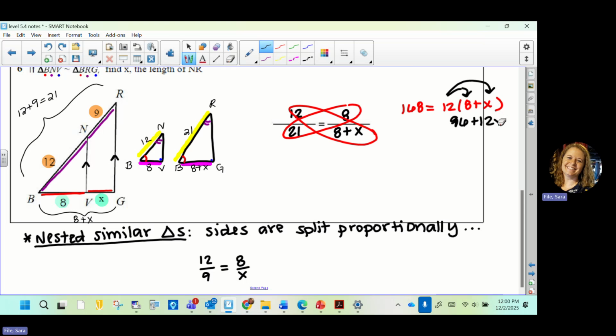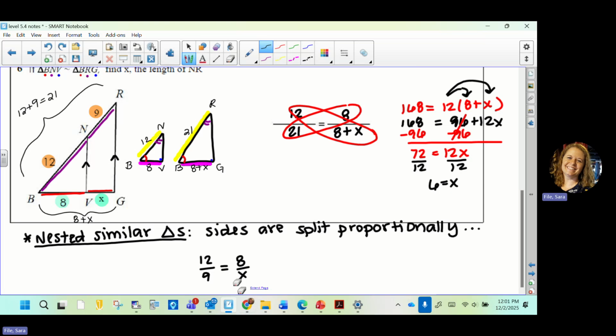So 96 plus 12x equals 168. And I would solve for x by subtracting the 96, moving the constant away from the variable. 168 minus 96 is 72. And then I would divide out the coefficient, 12. And I would get 6.